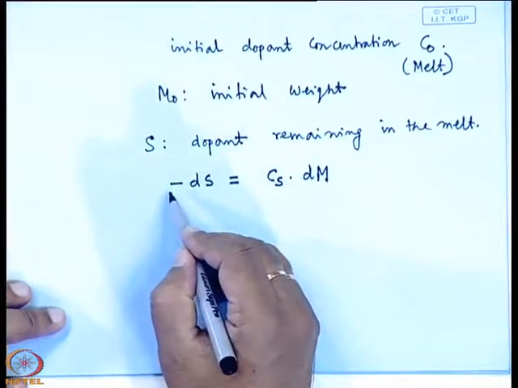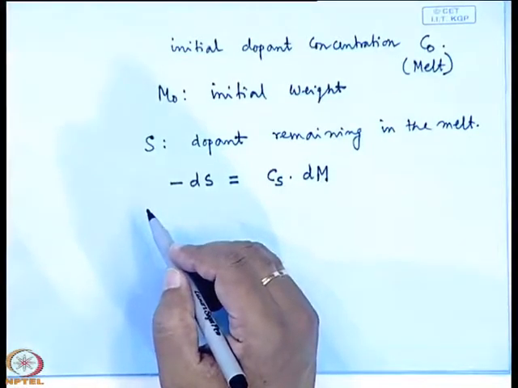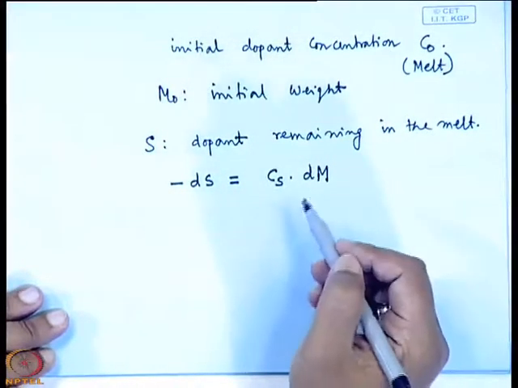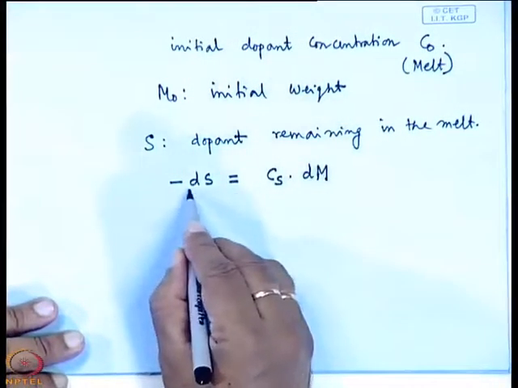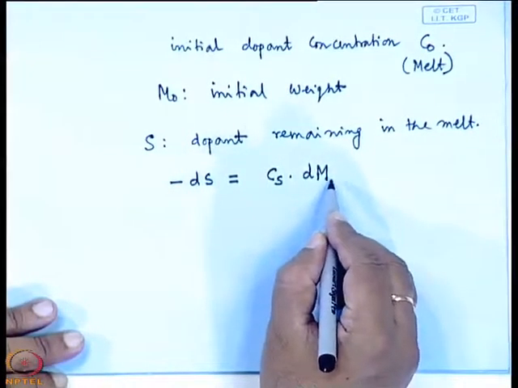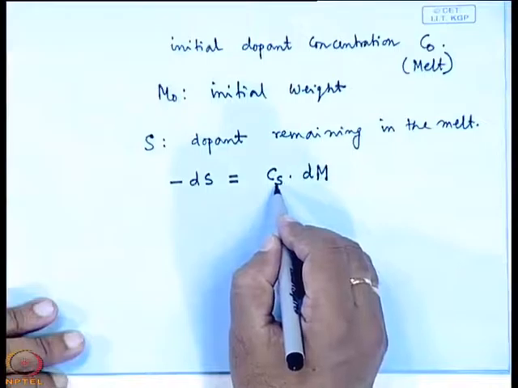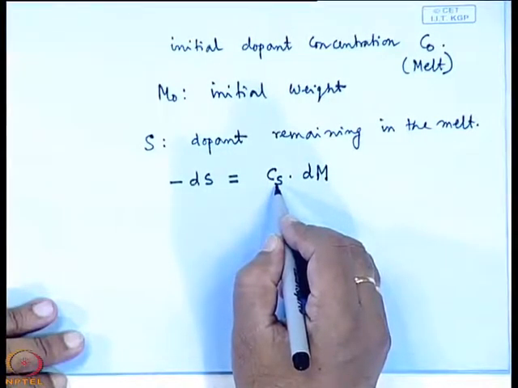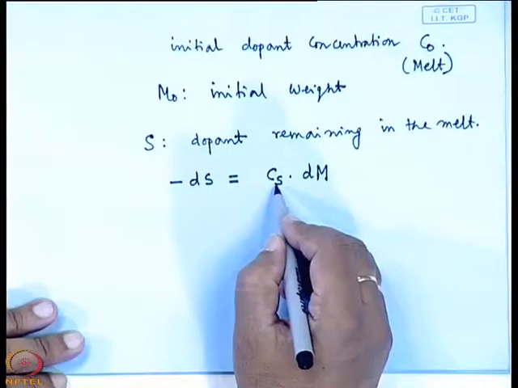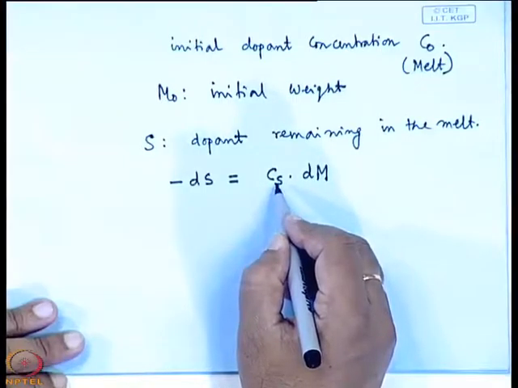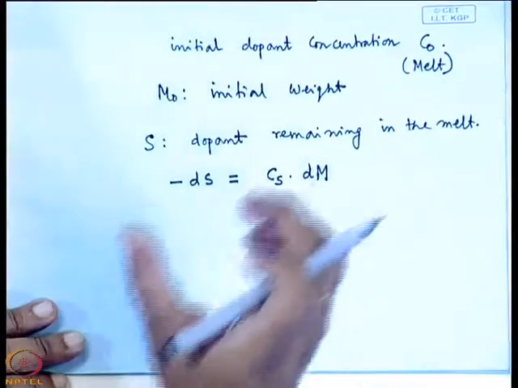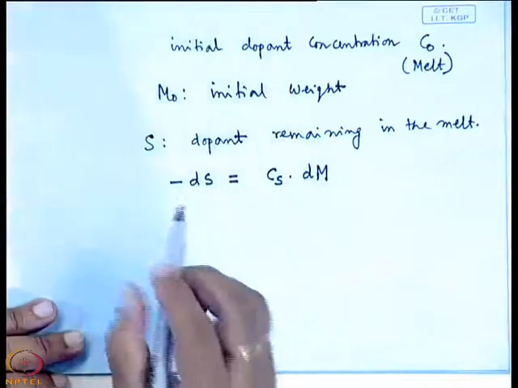Why is it minus? Because it is rejected. So, we can write minus dS equals Cs into dM. What is Cs? Cs is the concentration of the dopant in the solid state, that means in the crystal, after solidification, right.